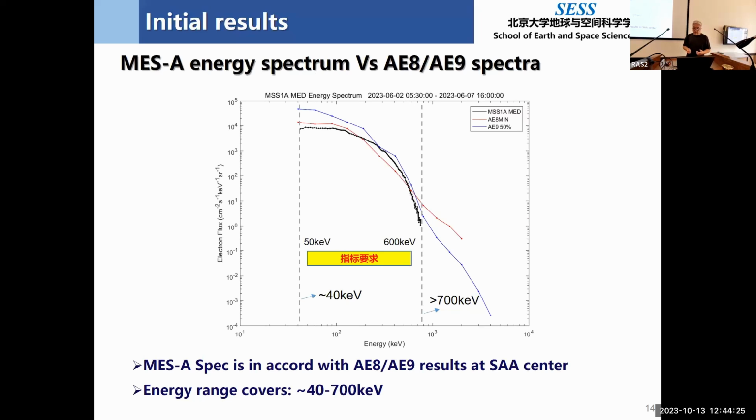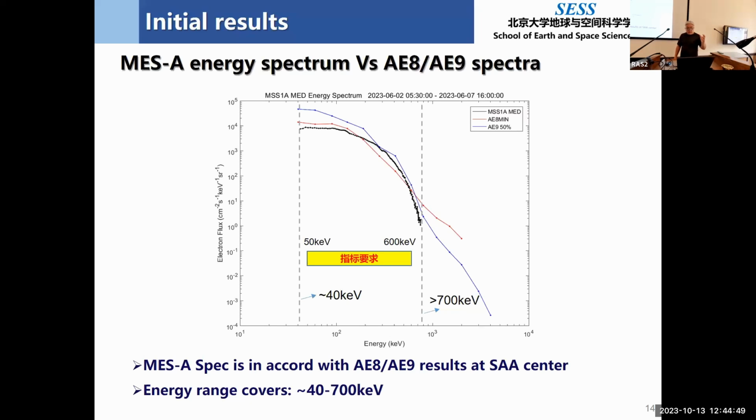So here we can see the black lines show the MES measurement from the A satellite, the blue line is the AE9 spectrum, and the red line is the AE8 mean spectrum.